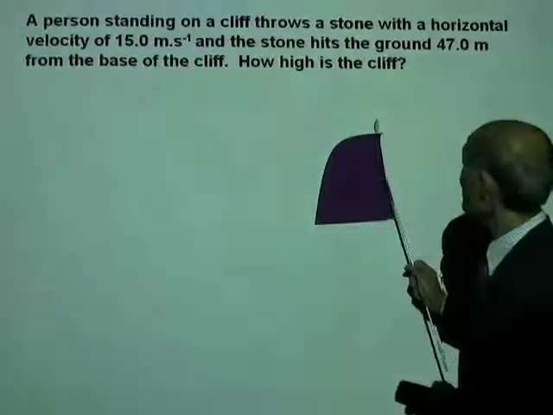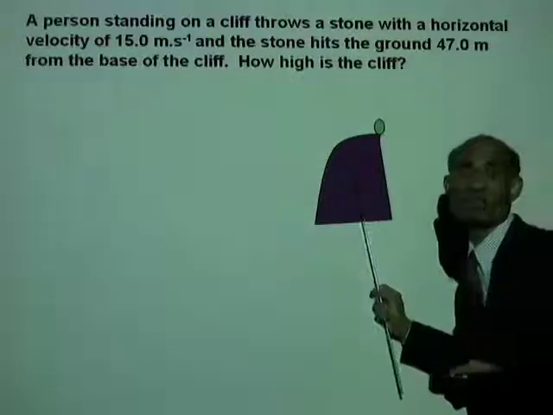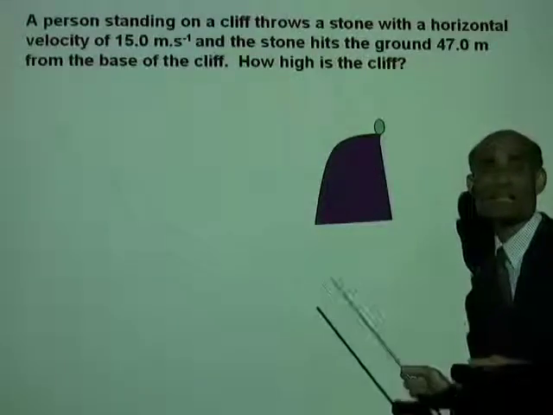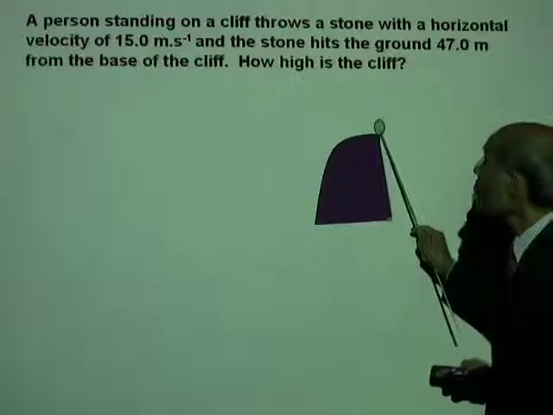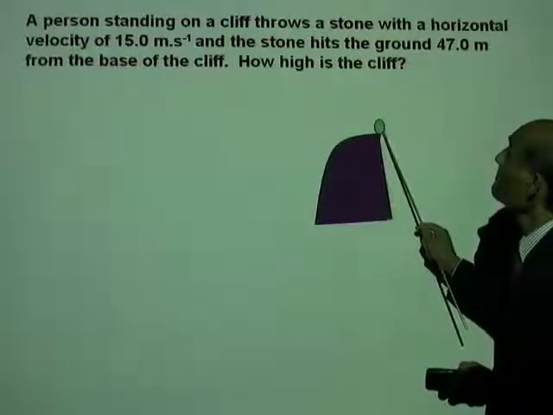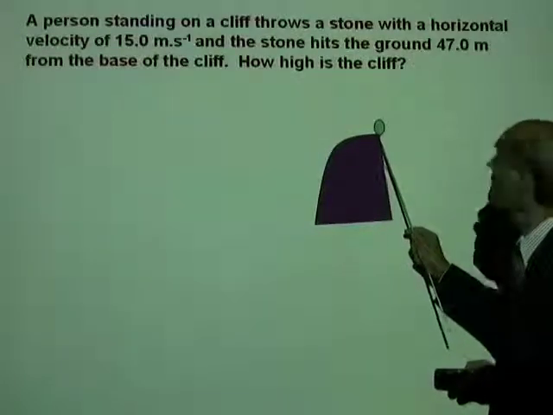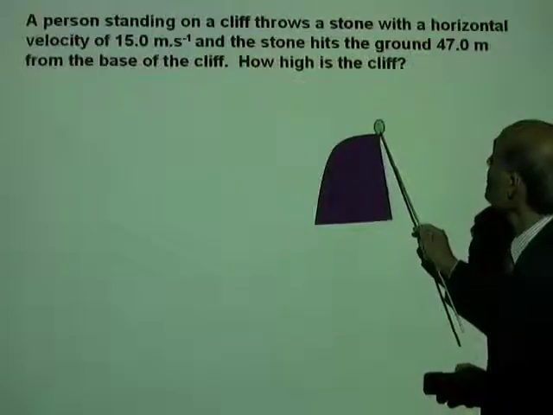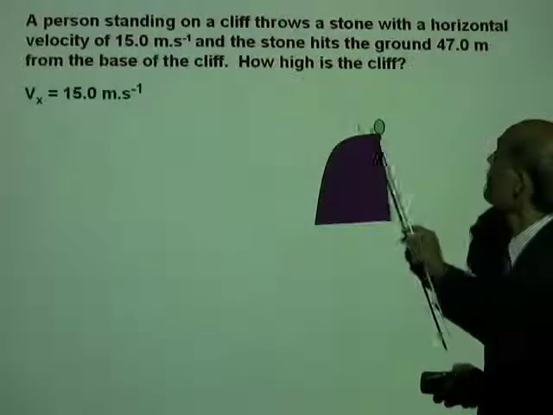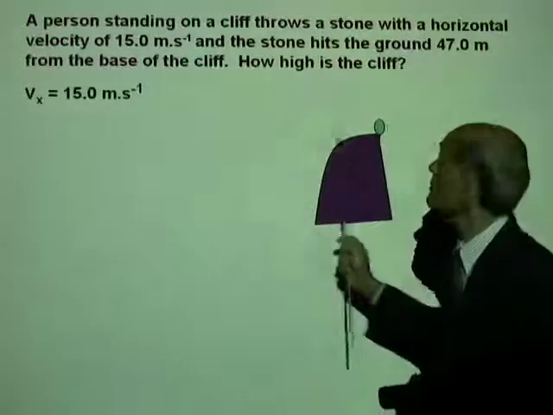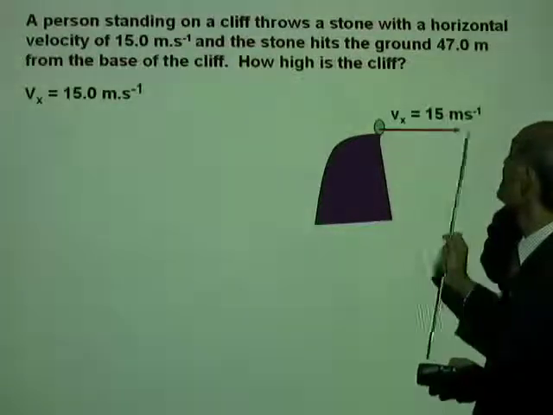Okay. Now, here is the cliff. But I did a poor job of drawing a cliff, but it's okay. And the stone is thrown, that wicked boy, I think, threw the stone from the top of the cliff with a velocity of 15 meters per second.